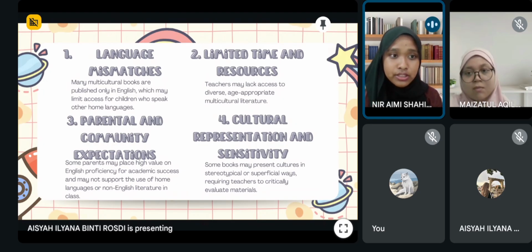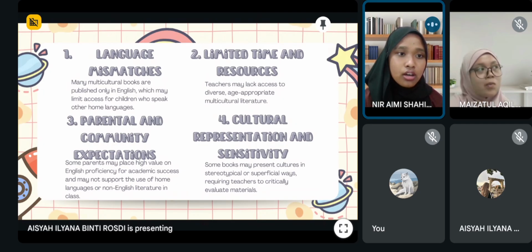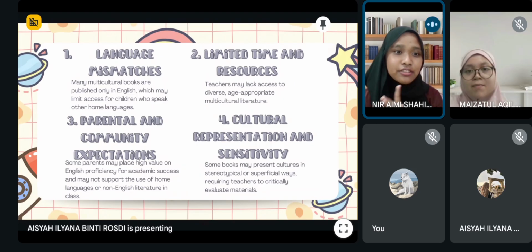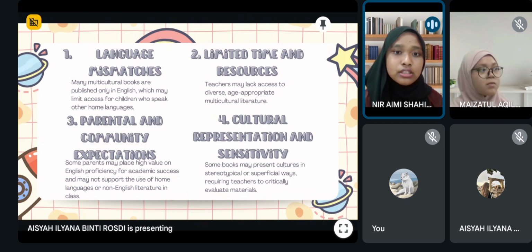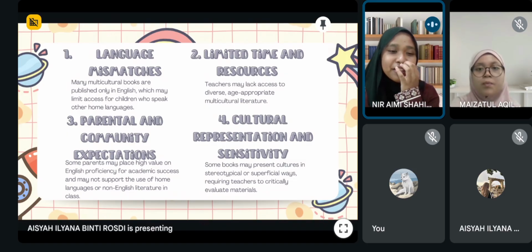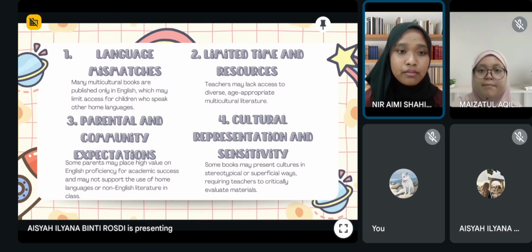Last among the issues is cultural relevance and representation. Not all multicultural books are created equal. Some stories may portray a culture in stereotypical or oversimplified ways.